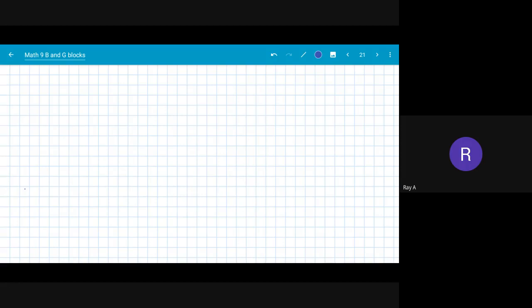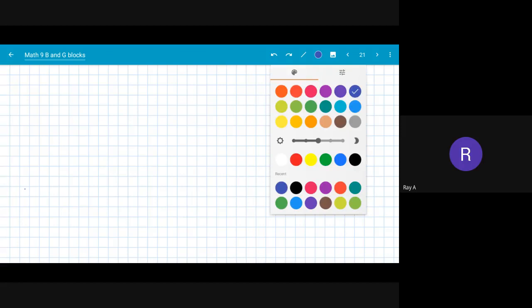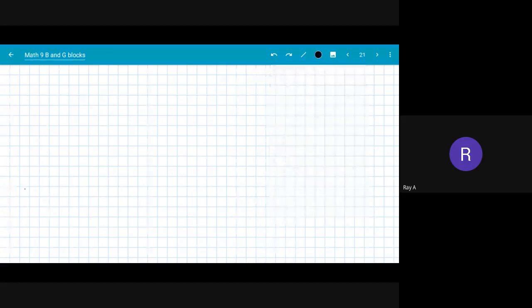Now, we have seen questions like this before. I'm going to be doing number 1. So this is page 137, number 1A.